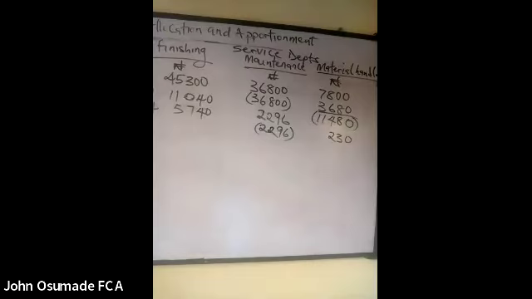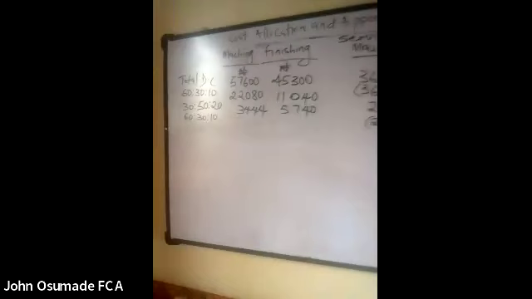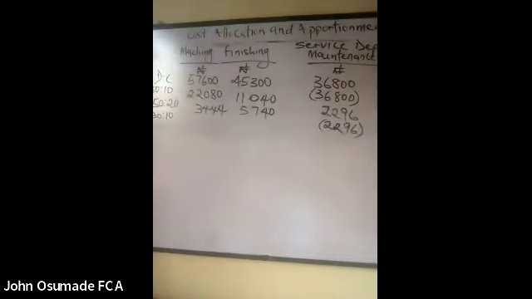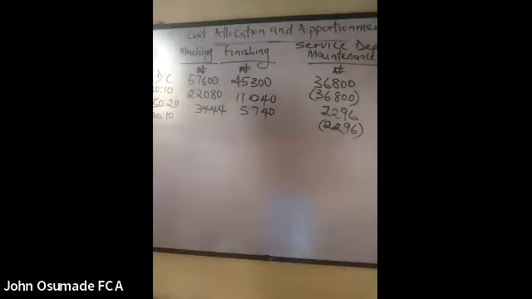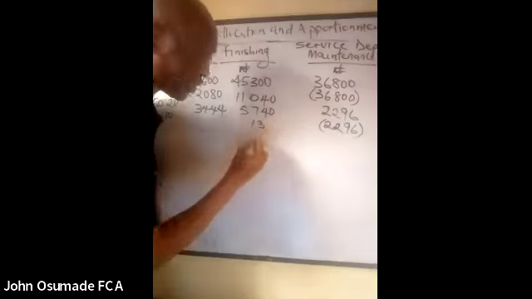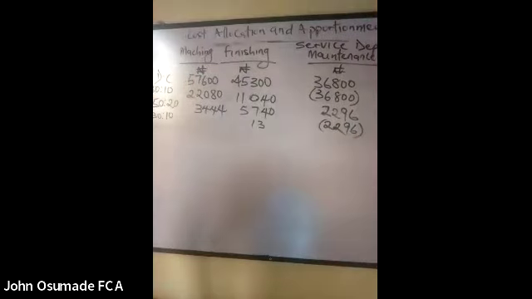Continue. 30% of 2296. We go to finishing. What's 30% of 2296? Figure. 1377.6.